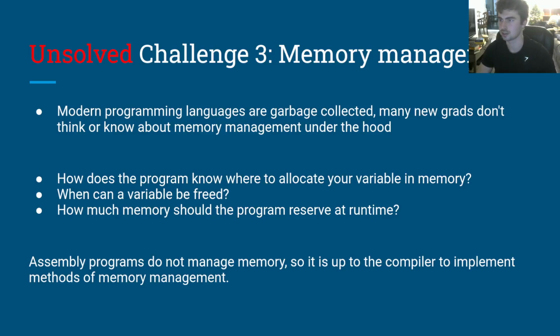When is it okay to free up that space? And when we start program execution, how much memory do we need to reserve from the operating system at runtime? Assembly programs do not actually manage memory themselves, so it's up to the compiler to implement the method of memory management.